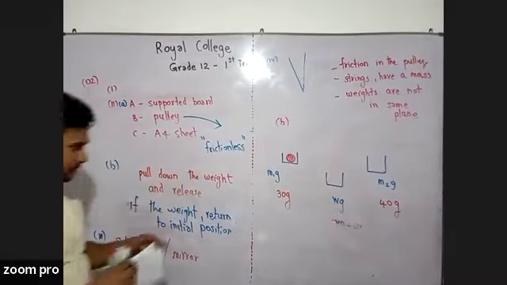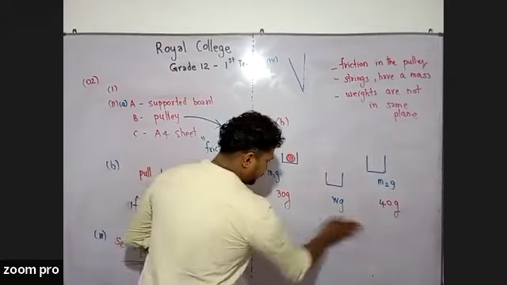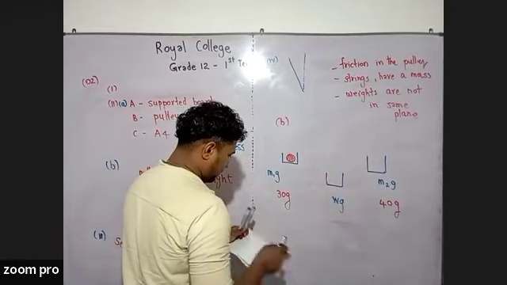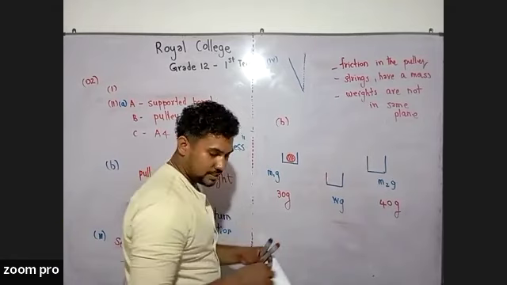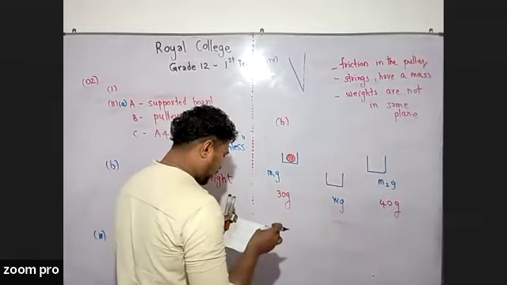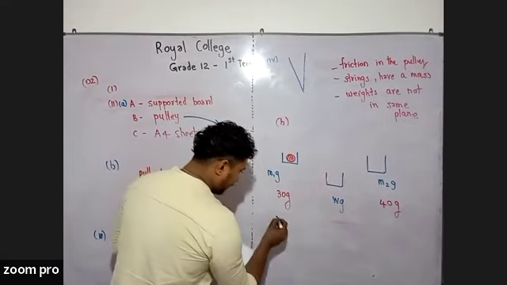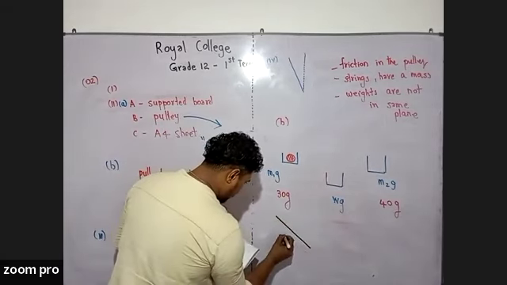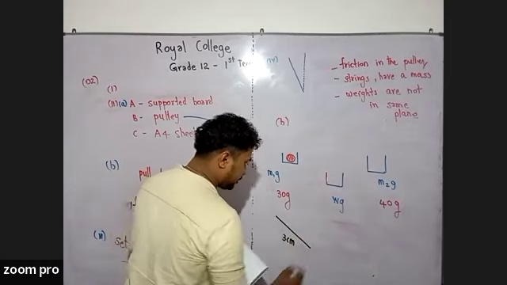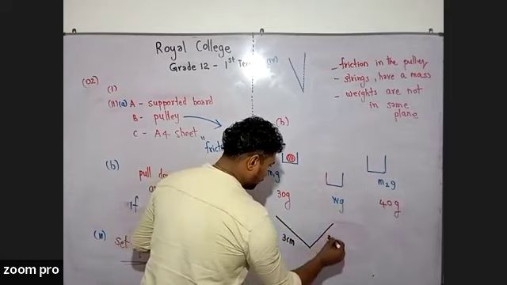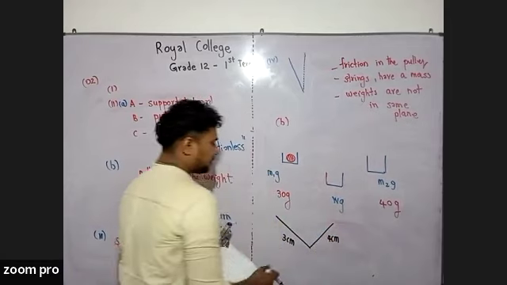Then just draw the parallelogram. Now if 10 gram represents 1 centimeter, then this OA line should have a distance of 3 centimeters. OB should be drawn with a distance of 4 centimeters, right?